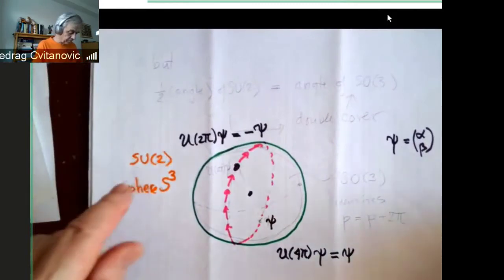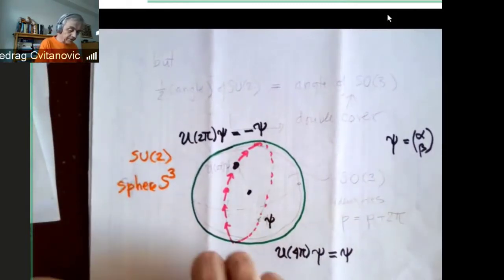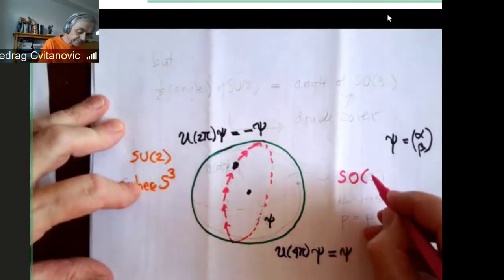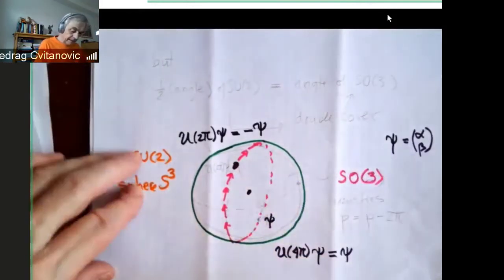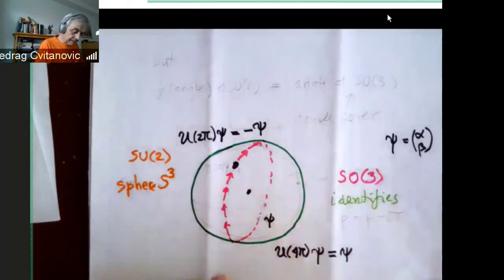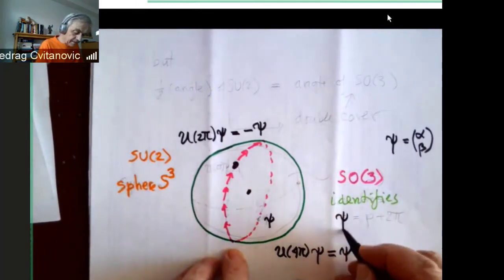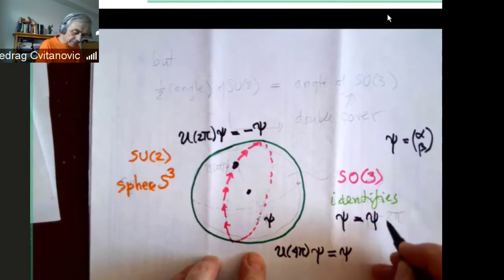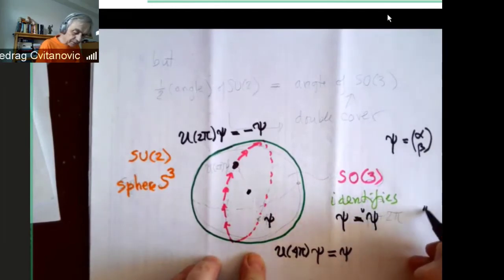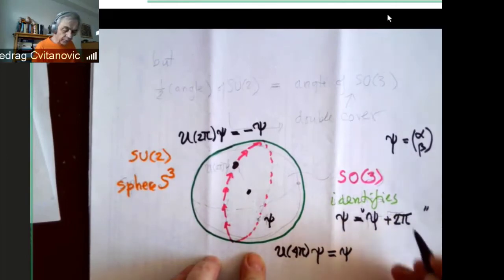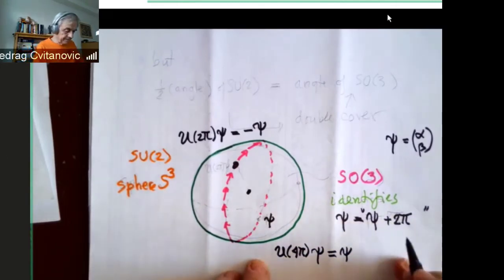So this is SU2. Now, what's SO3 doing? It identifies the point or the state psi with the state, in a kind of pictorial notation, rotated by a full circle, 2 pi.